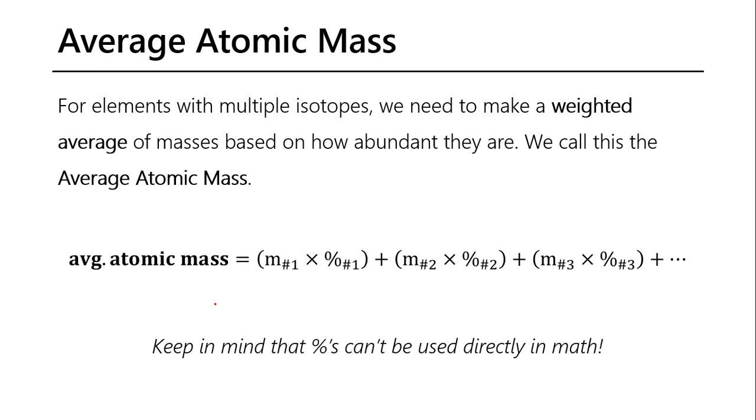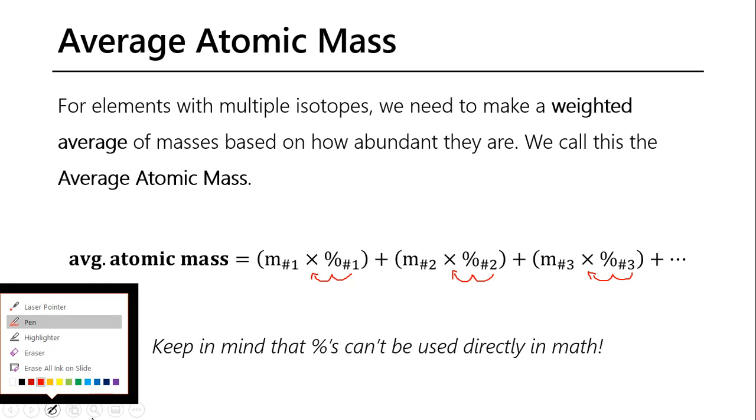So grab a pen here. Make sure on all your percentages to move your decimal point 2 spots to the left. Otherwise, we're multiplying by the wrong number. We want the true value of the percentage. So each isotope is going to have its mass multiplied by each percent as a decimal.